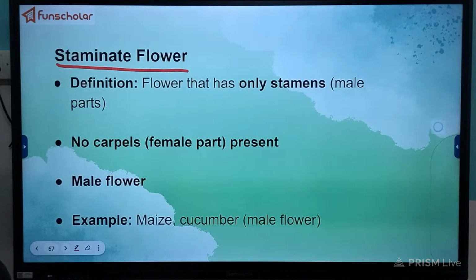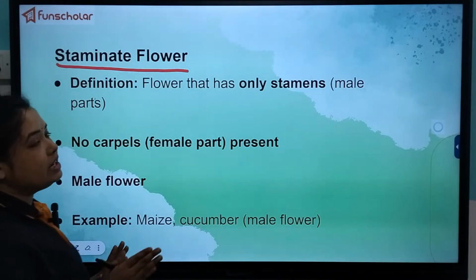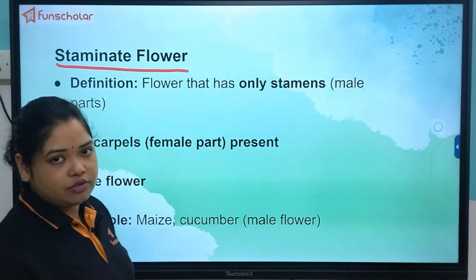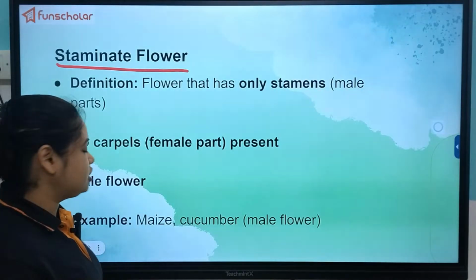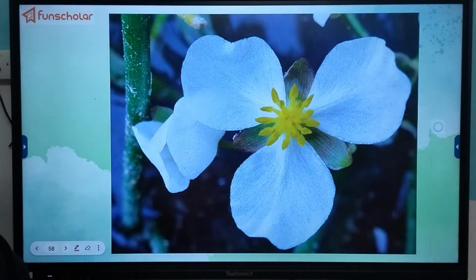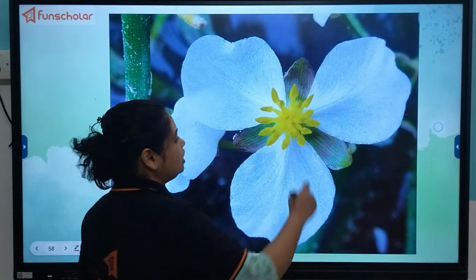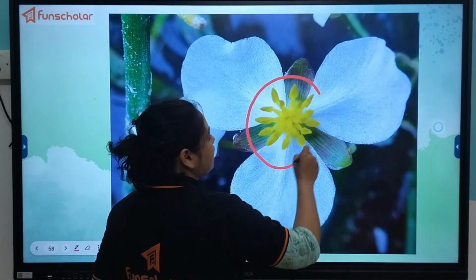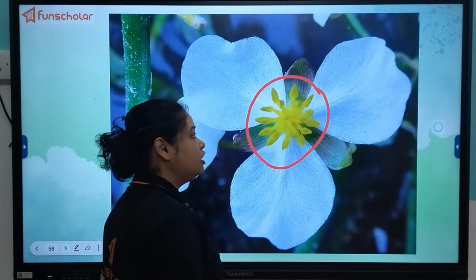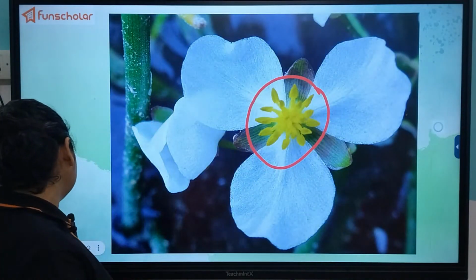The examples are maize and cucumber, in which you can find separate staminate flowers in which only the male part is present. Obviously, this is the example of the mustard, in which you can see all these are the stamens and no carpel is to be found.